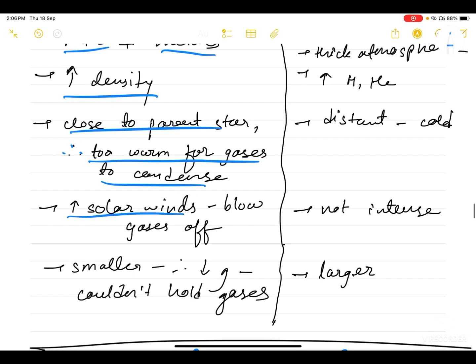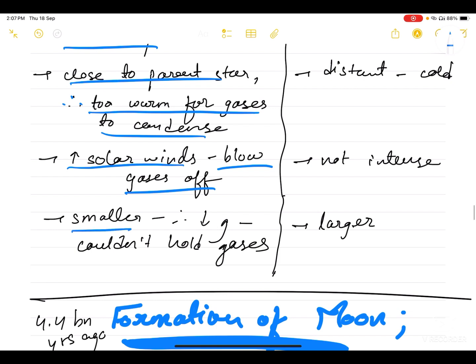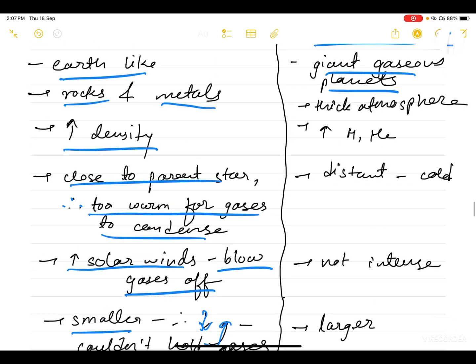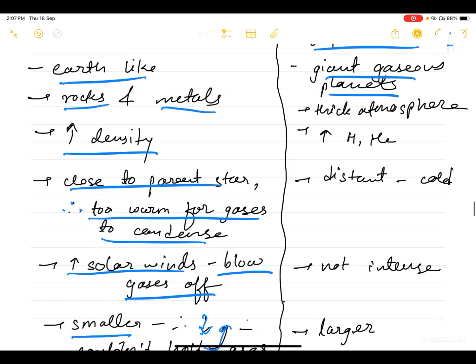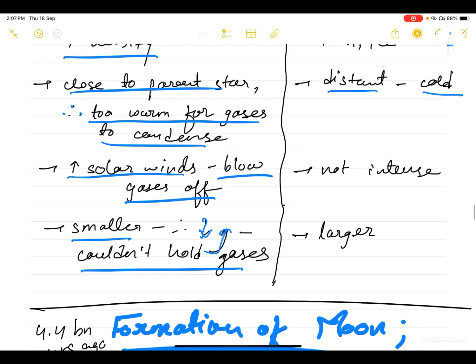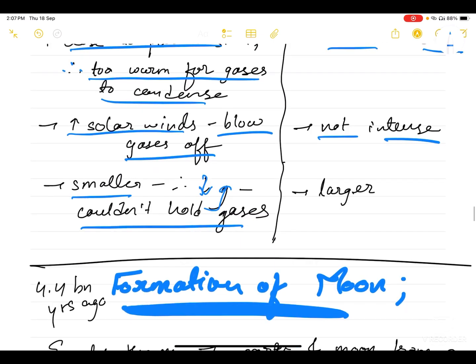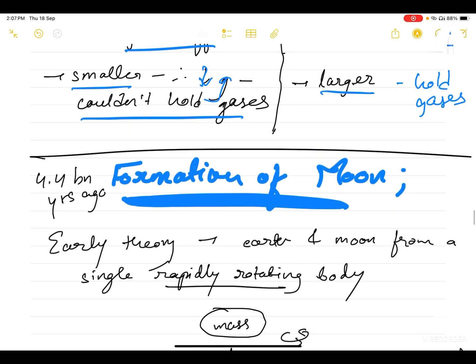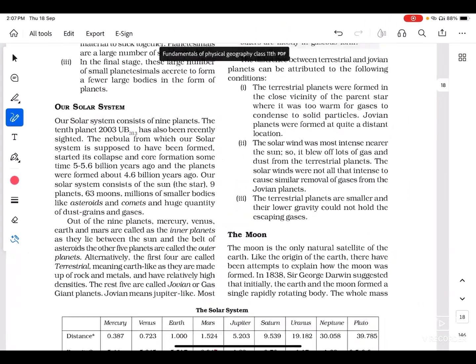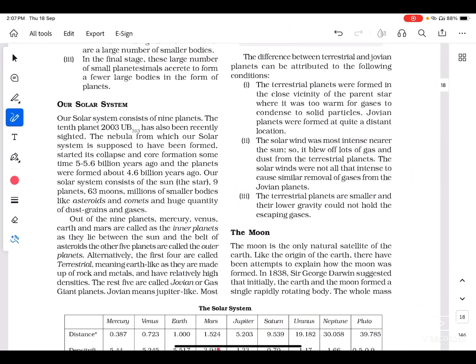As the solar winds were more intense across these 4 planets, the gases blew off, and as they were smaller, their gravitational force was lower, and therefore they could not hold gases. Jovian planets were distant, therefore cold. Solar winds were not very intense, and as they were larger, they were able to hold the gases. This is the differentiation that is given in the text as well. Please go through it.